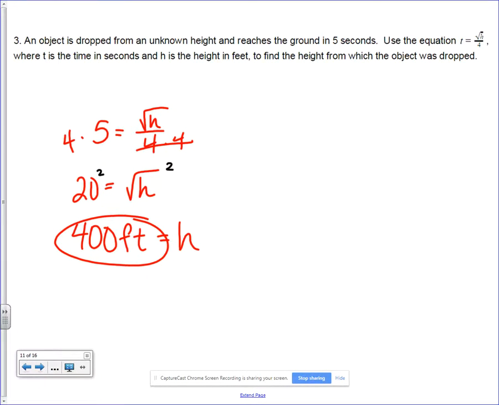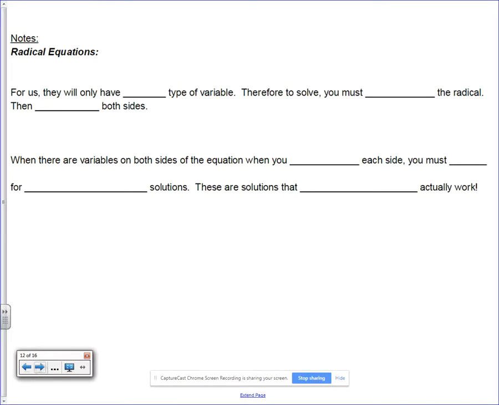All right. You all know that day 2 normally gets a little harder than day 1, right? Okay, so let's fill in some blanks here. What are radical equations? What's another word for radical? Square root, right?